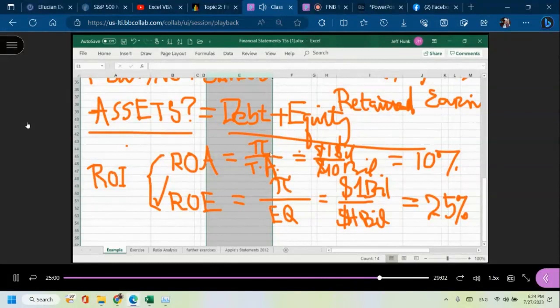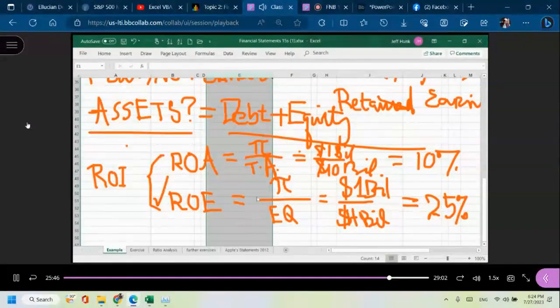The numerator is the same, and whichever one has a smaller denominator will end up a greater fraction. Makes sense? And if you're looking at the same company and measure its ROA and ROE, return on asset, return on equity, because equity is one part of total assets, the other one is debt, this ratio will always come out greater.